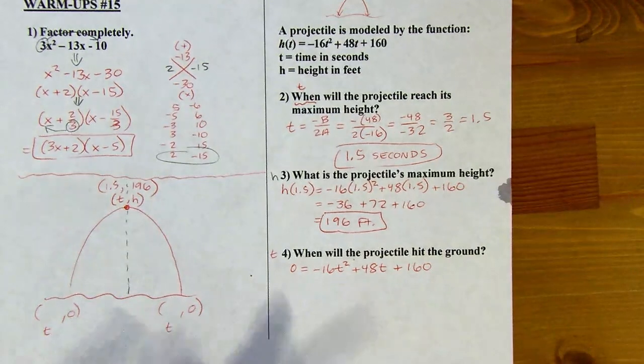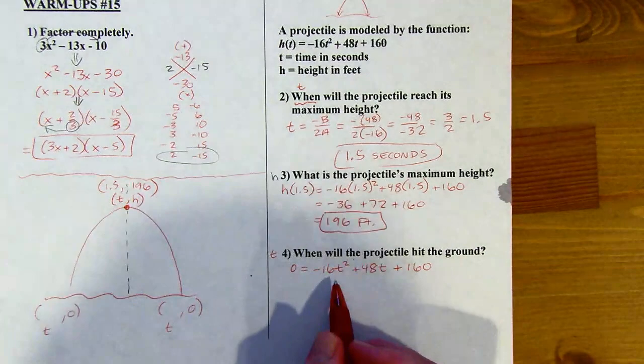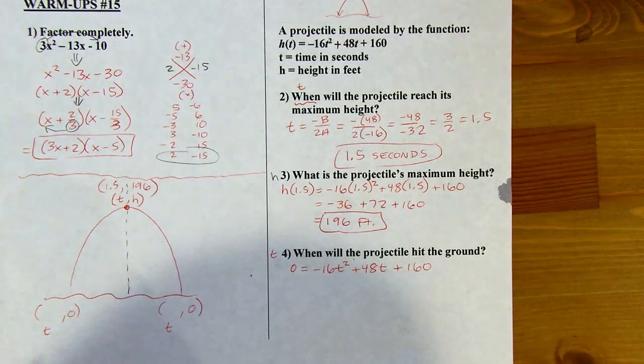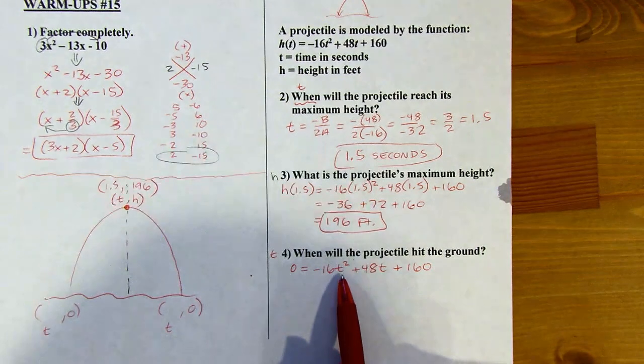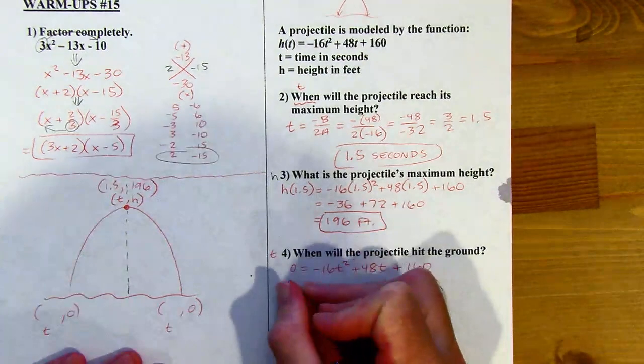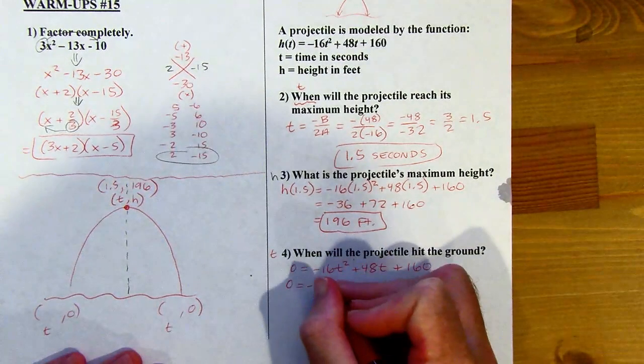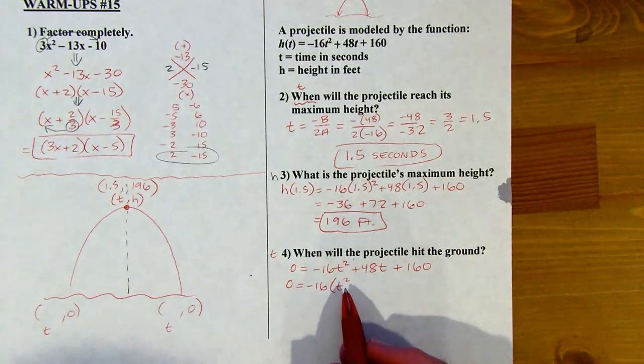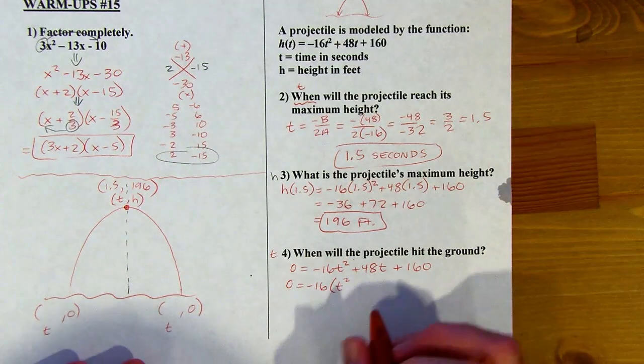So I could factor out a 16. That would be fine. I'm going to actually factor out negative 16, just so that my t squared term is going to be positive. I always like to have the trinomials start with a positive x squared or t squared or whatever, if possible.